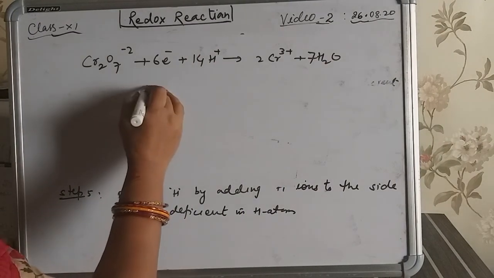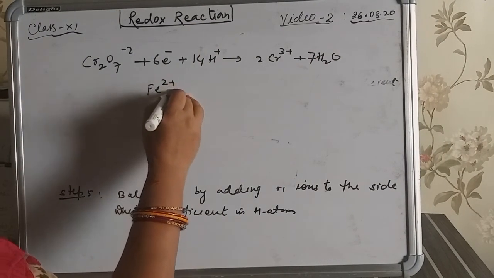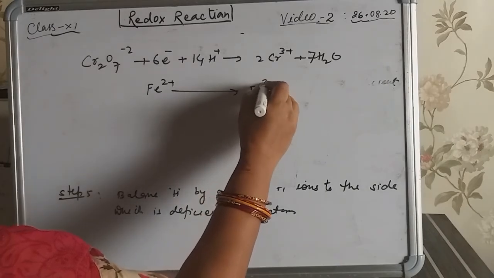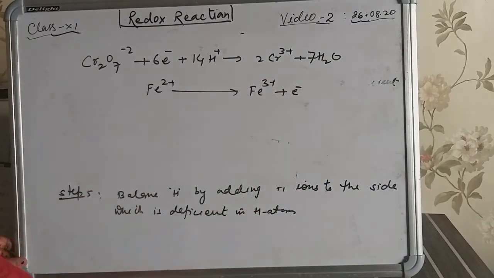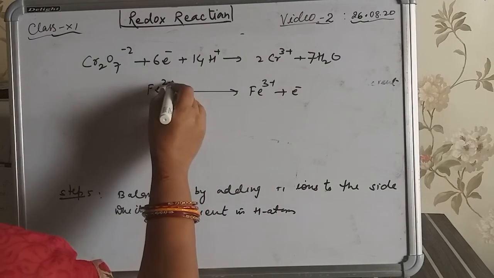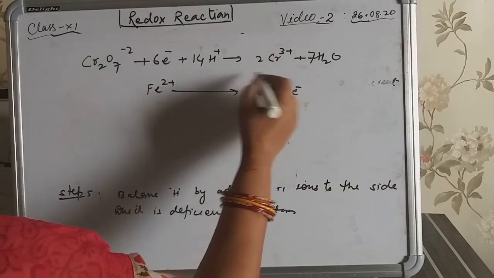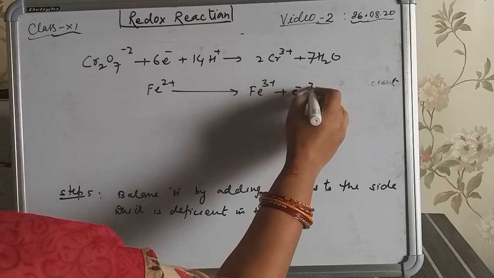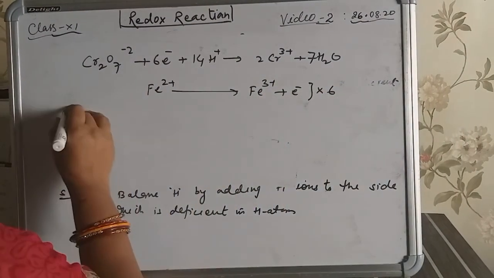And Fe2 plus changes to Fe3 plus and 1 electron.